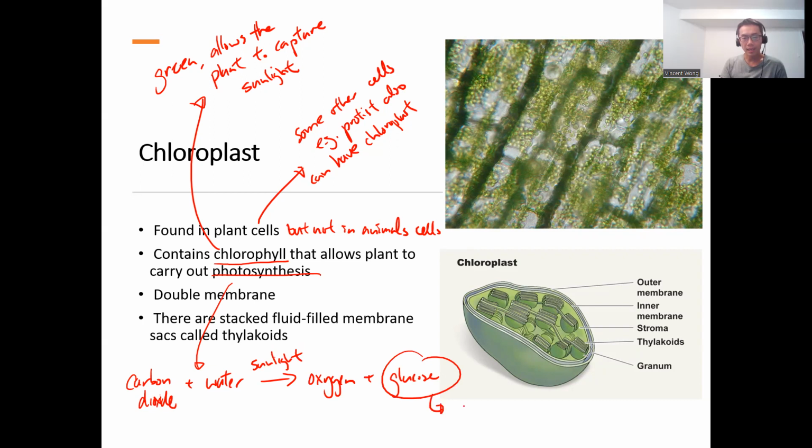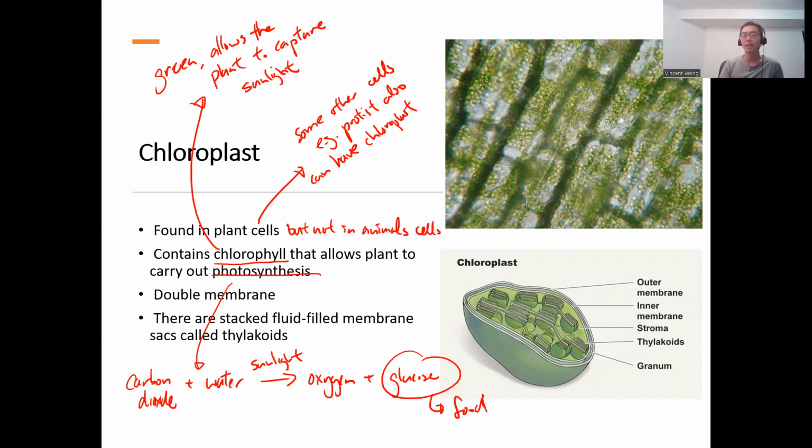And that is the food for the plant. Of course, the plant stores it as starch in either their stems or root, and then they could eat it, right? They could use that in cellular respiration.